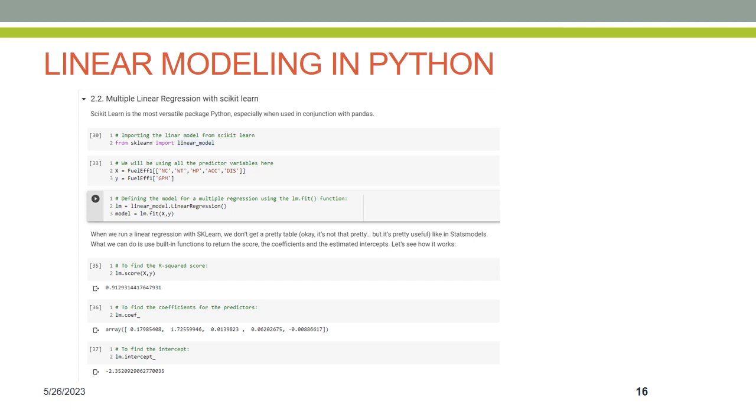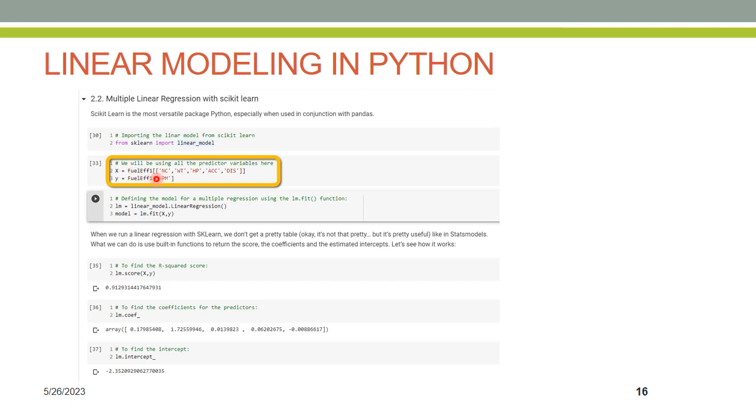Here's what a regression, now a multiple linear regression, looks like in scikit-learn. First, we're going to have to import the linear model from scikit-learn. Then we declare our variables. For X, the input variables or the independent variables, I have selected all of the variables that I'm interested in from our data set.